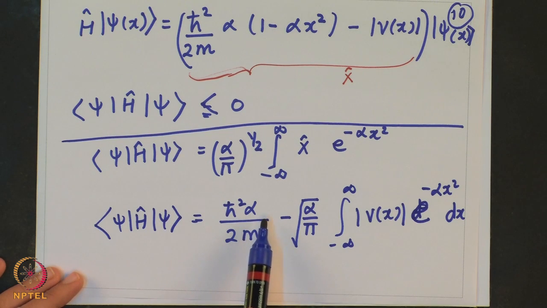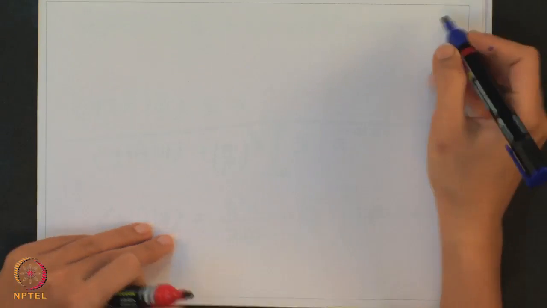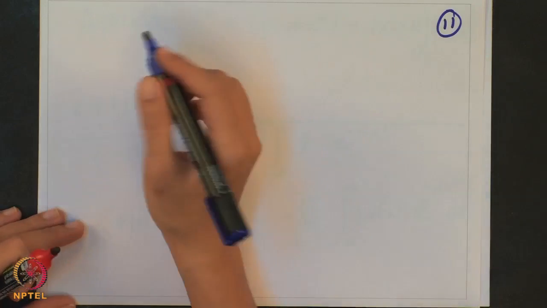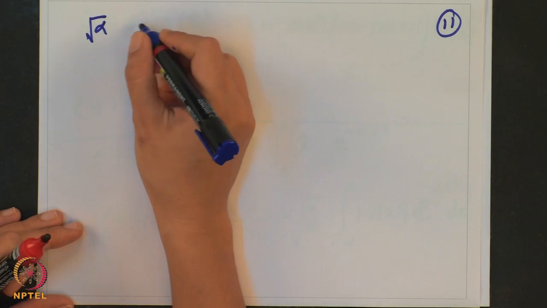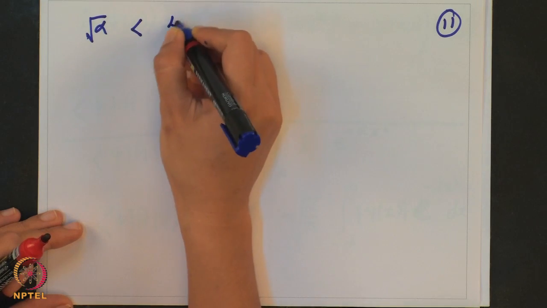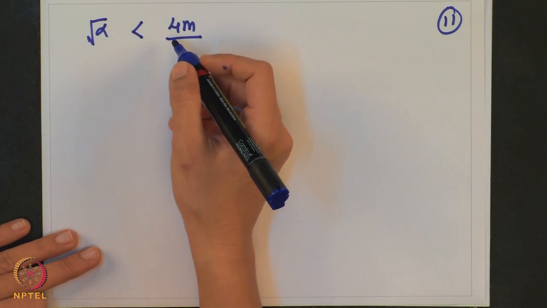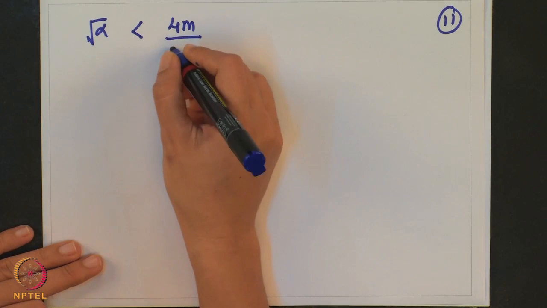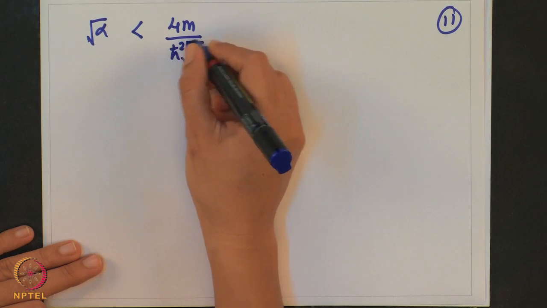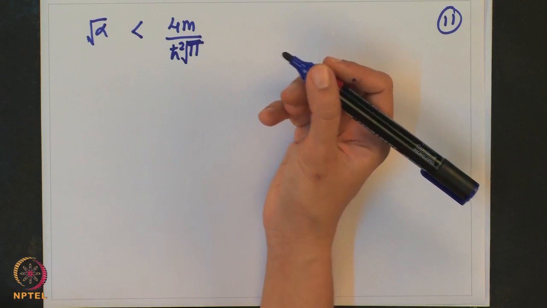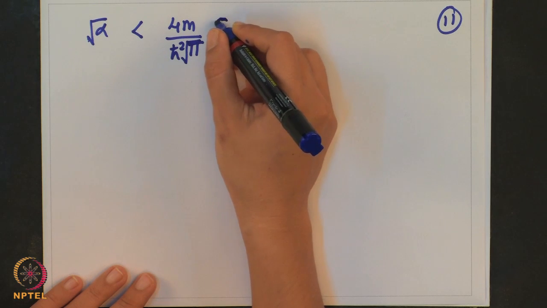From here we can see that it is possible to have at least one bound state when the square root of alpha is less than 4m upon ħ² π in the square root, times this integral.